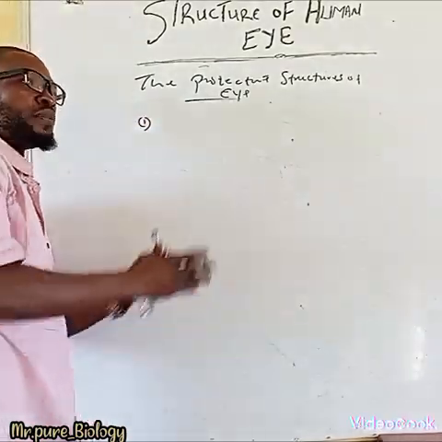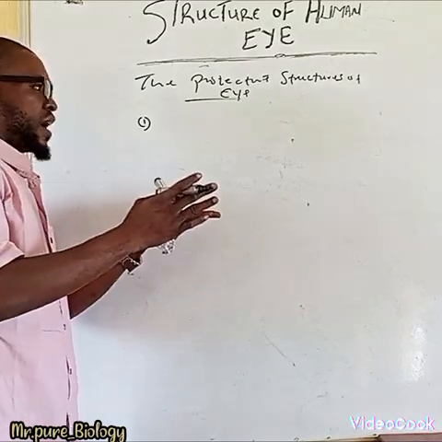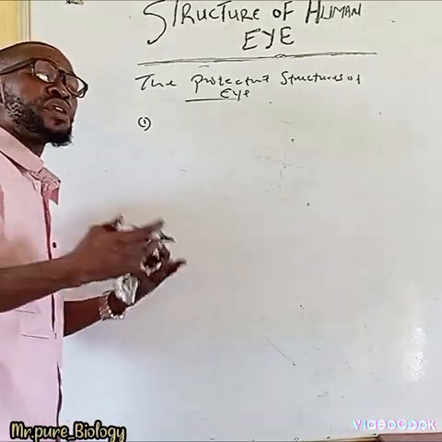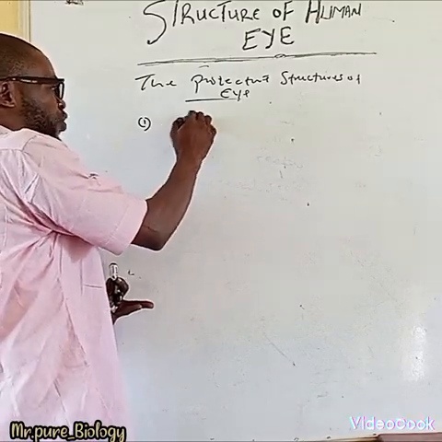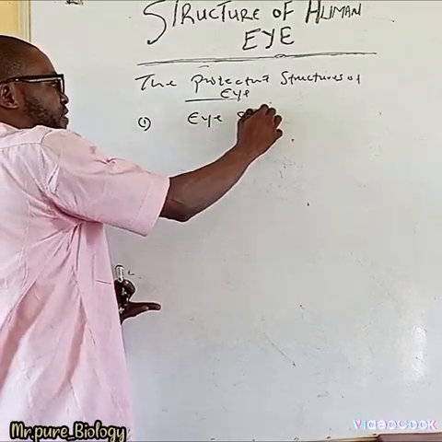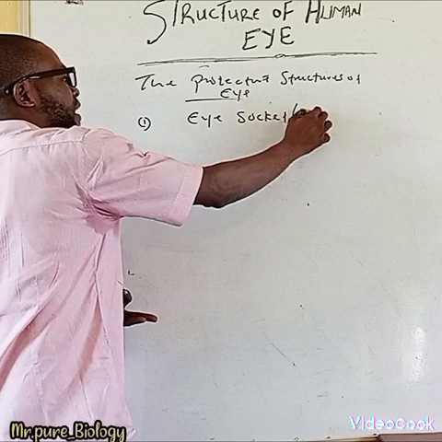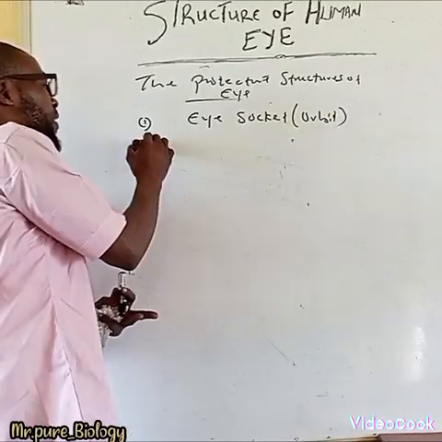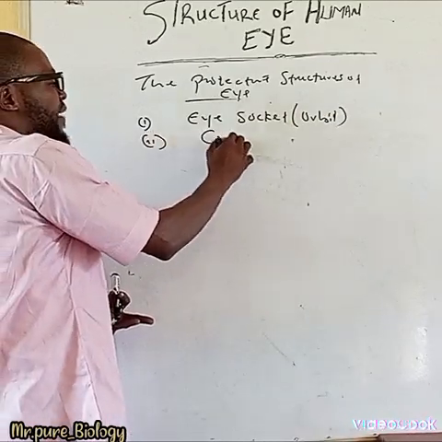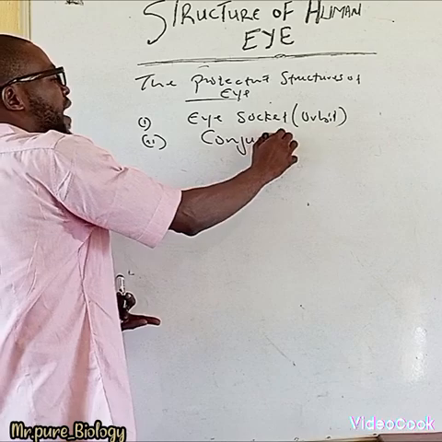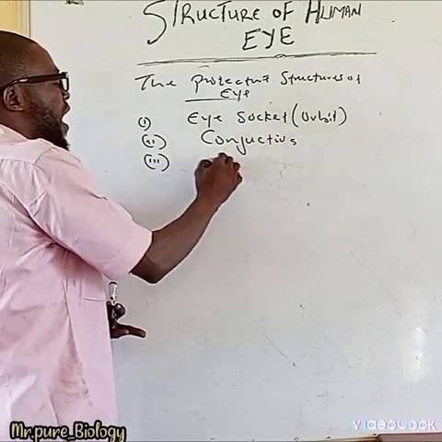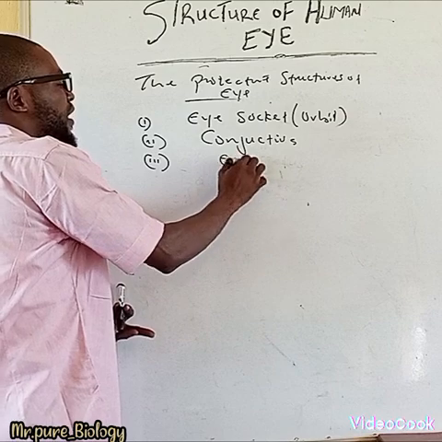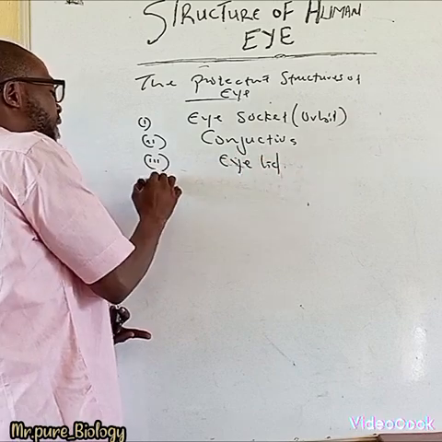Number one, as the eye is recognized as a vital organ in the body, we can talk of the eye sockets, or the orbit. Two, we can have the conjunctiva, which is also a protective structure. Three, we have the eyelid.